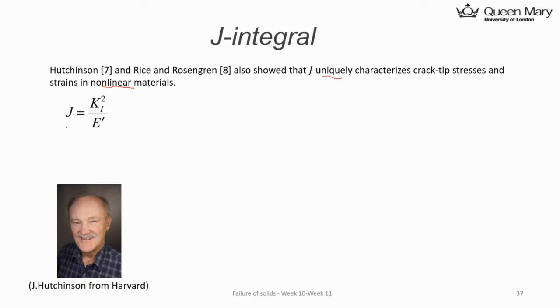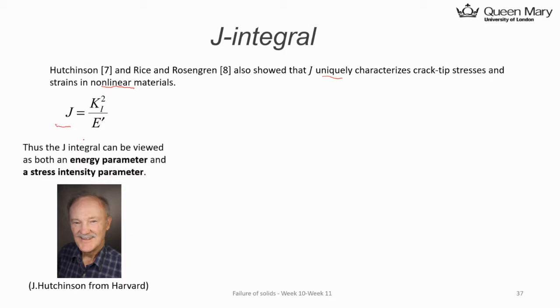So they demonstrated that first of all you can use this equation for linear solid, and J is equivalent to G in a linear solid.